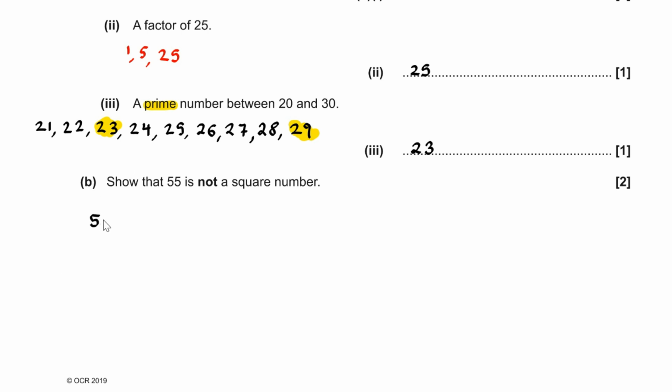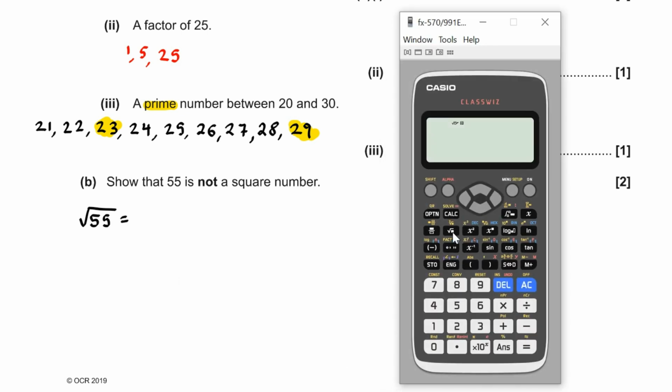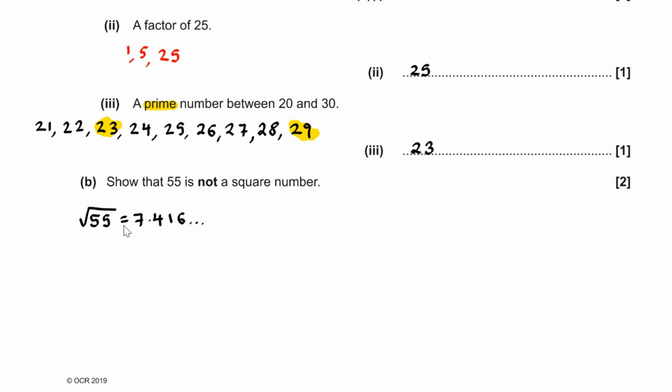So if we work out the square root of 55, from our calculator, if we key in the square root of 55, you'd find the decimal equivalent is 7.416, etc. And what you can see here is this value is not a whole number, and therefore we can conclude that 55 is not a square number.